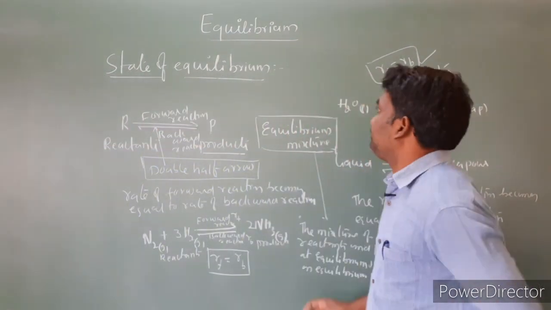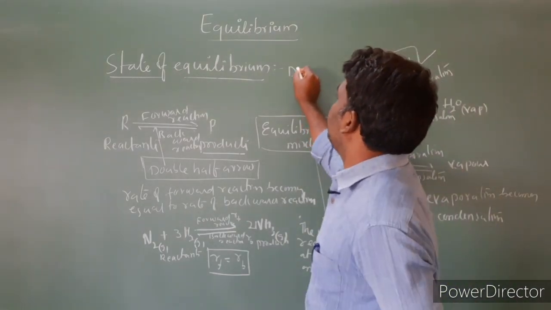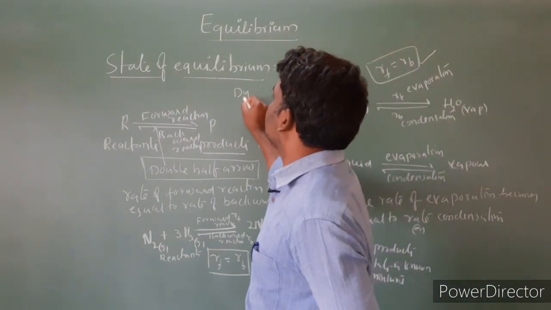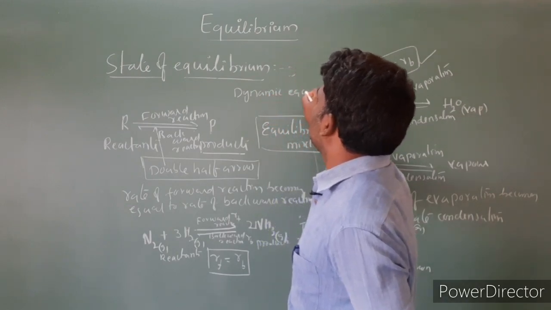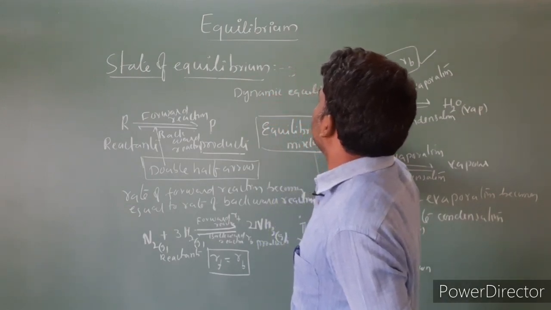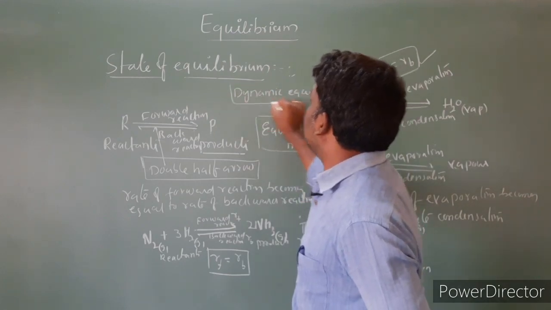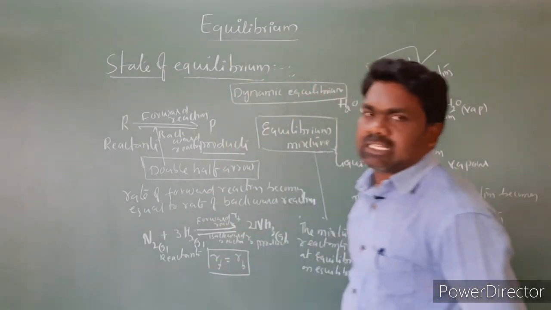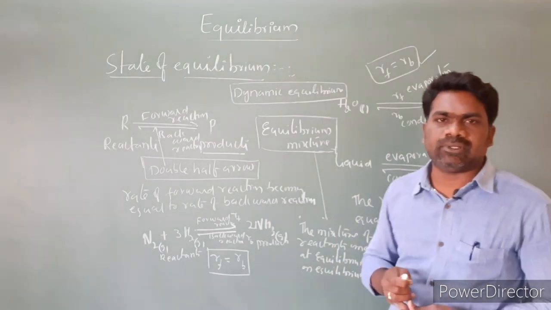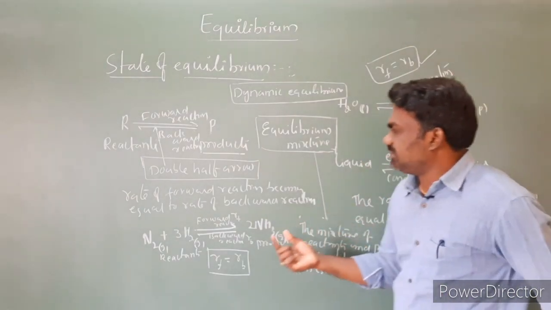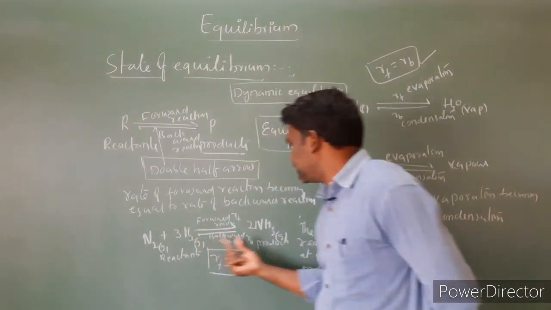Dynamic equilibrium is nothing but the rate of forward reaction and the rate of backward reaction becoming equal. Suppose I am taking N2 plus H2 giving rise to NH3.